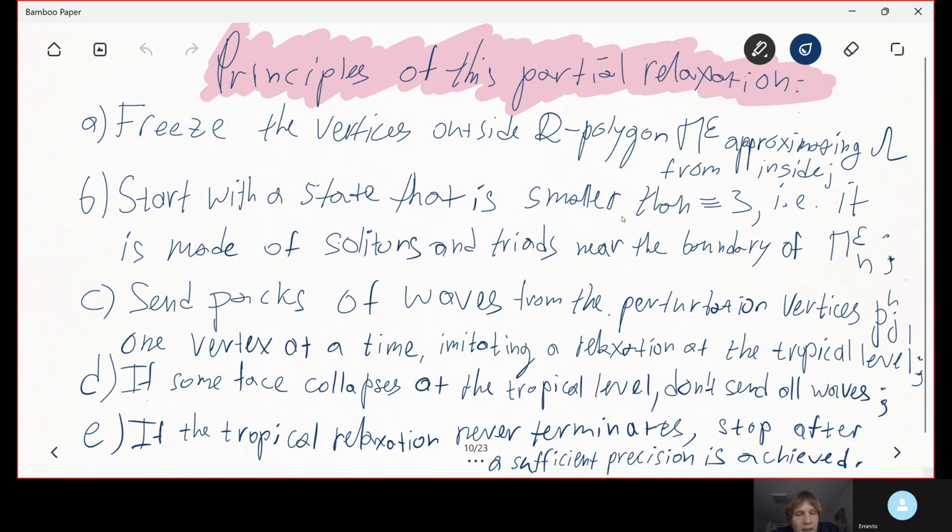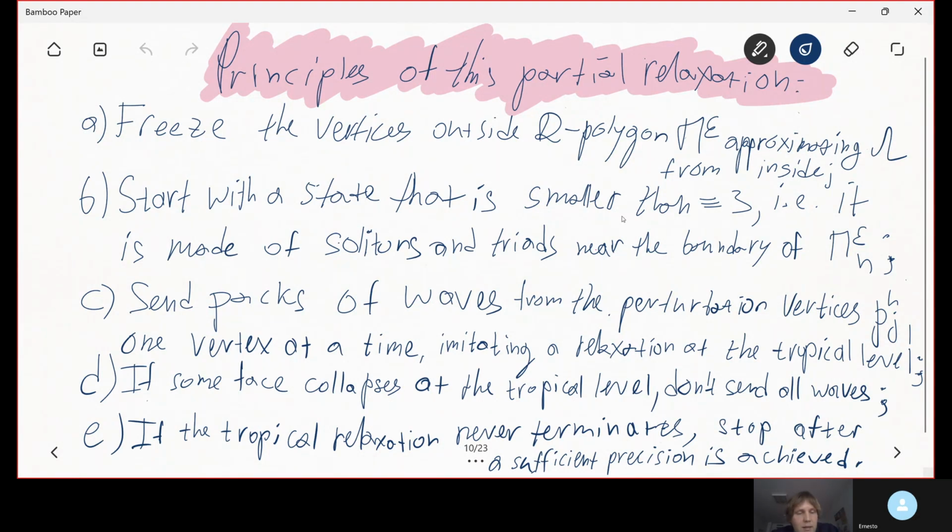Then the relaxation would be performed by sending packs of waves, one wave after another, from perturbation points. And we will be activating one point at a time. So we send some number of waves from one point, then we send some number of waves from the other, and so on. So we jump from one point to another.